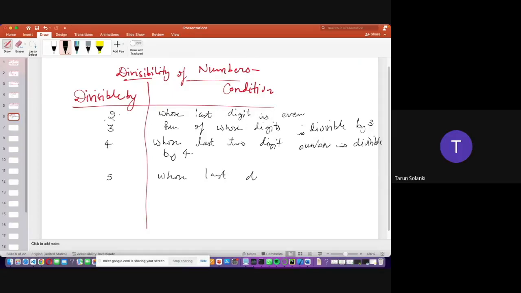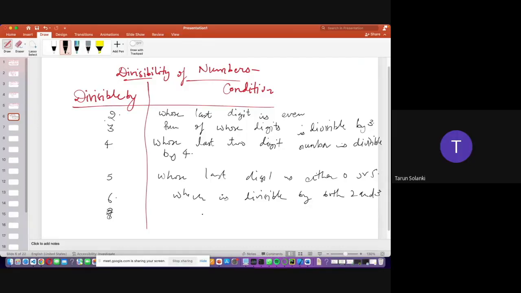Next 5, whose last digit is either 0 or 5. Next, for the sixth one, which is divisible by both 2 and 3. Next, seventh is not there.